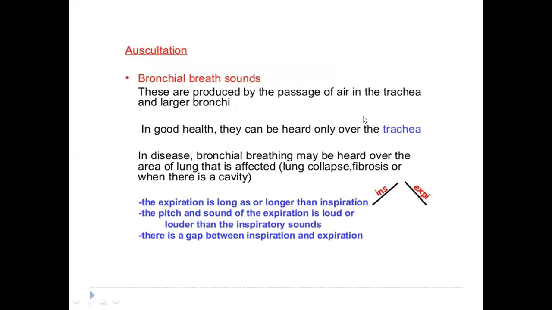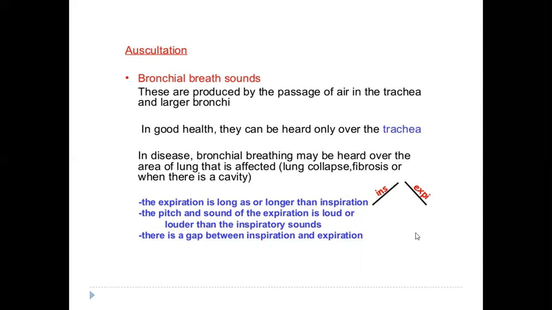Then there's the bronchial breath sound, which is produced by passage of air in the trachea and larger bronchi. We can hear it over the trachea in a normal adult. But in lung disease, it is heard over the area of the lung that is affected, like in lung collapse. Here, the expiration is as long as or longer than inspiration. The pitch is high and the expiration sound is loud.